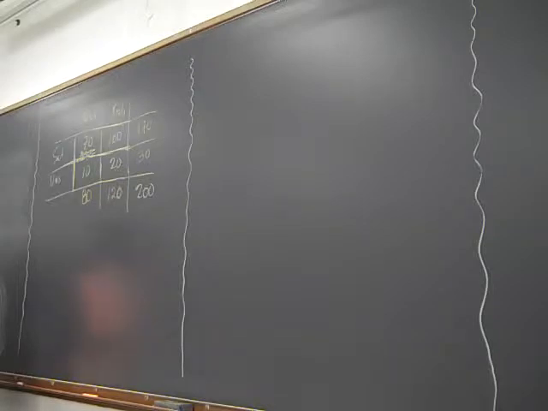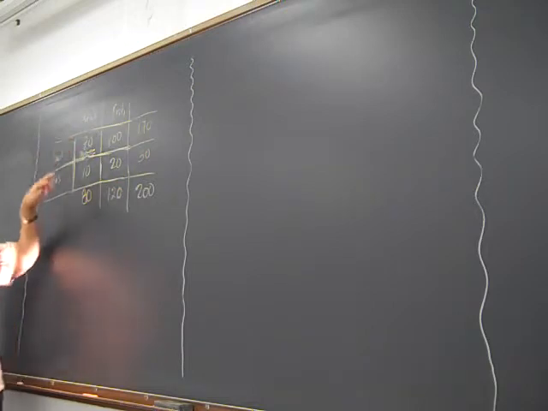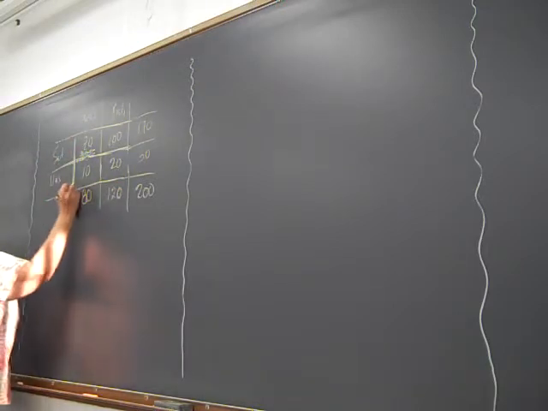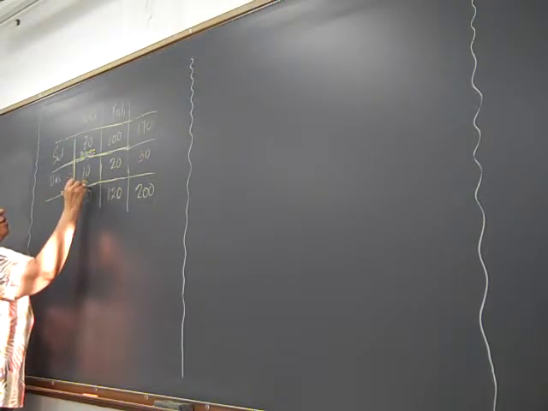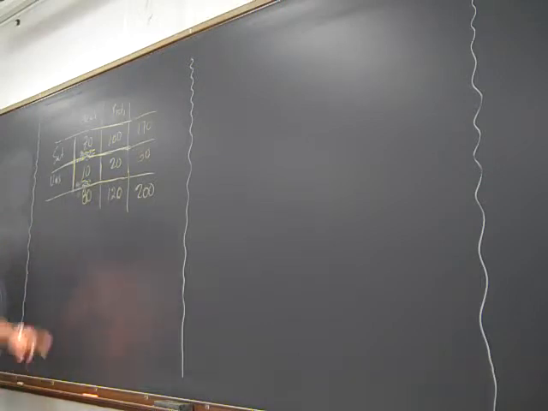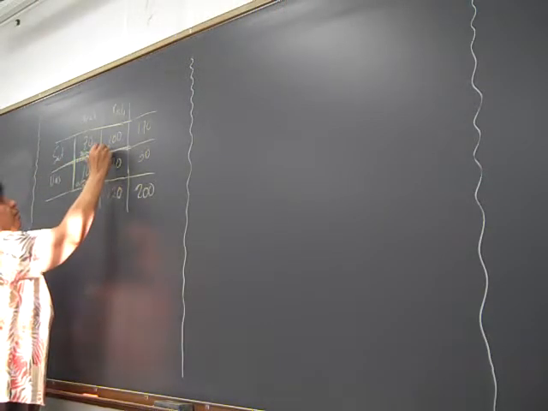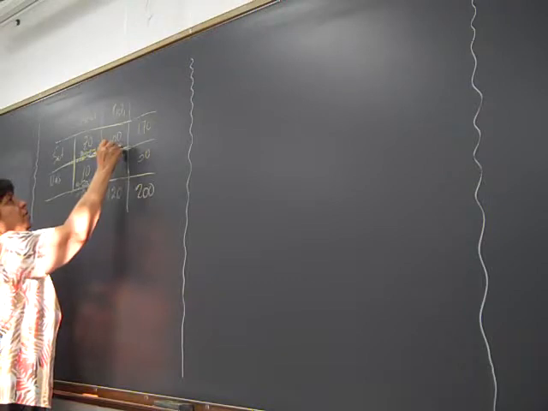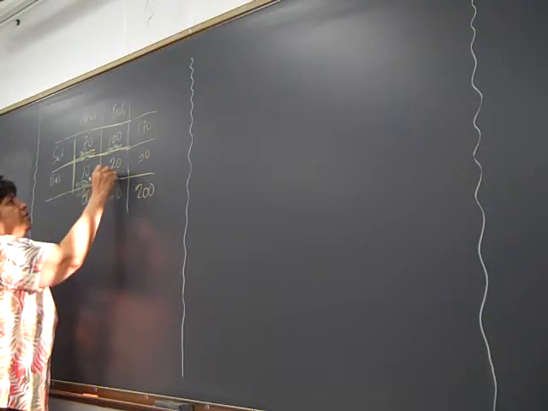What is the probability that that person ate meat and was unsatisfied? 10 over 200. And the same thing with this, 100 divided by 200, and this is 20 divided by 200.